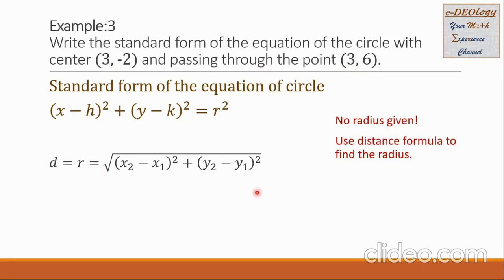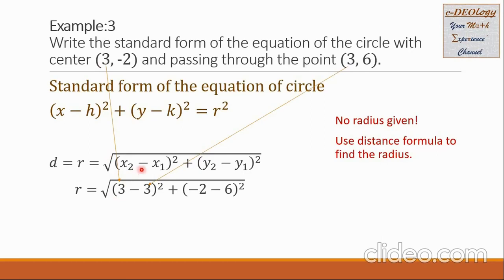And then we will now start doing the substitution. The x sub 2 will be 3 minus the x sub 1, which is also 3. Then power 2. Then plus the y sub 2, which is -2, minus y sub 1, which is 6.